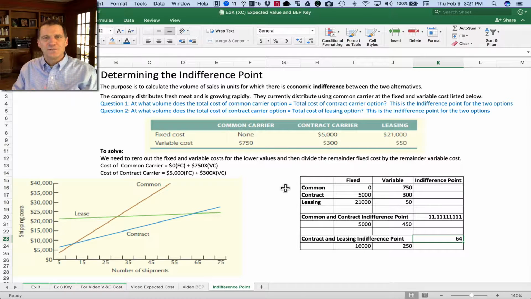You can feel some things and it makes some predictions about your future. And you'd feel very good about your decision if you were very early in your growth phase about saying, yeah, we're okay with this common carrier. We're not at 11 shipments per month. We won't be for a number of months, so we're fine.